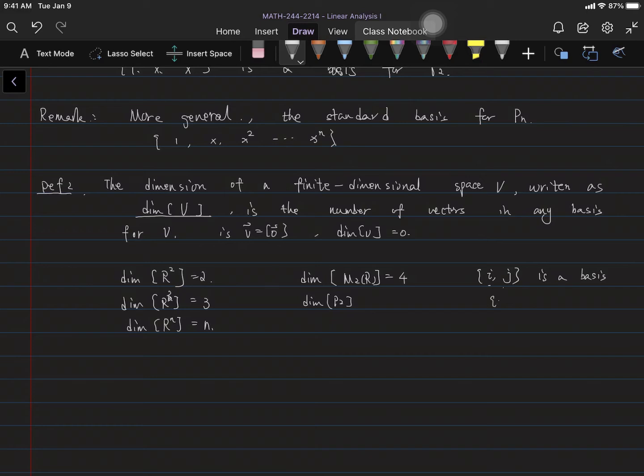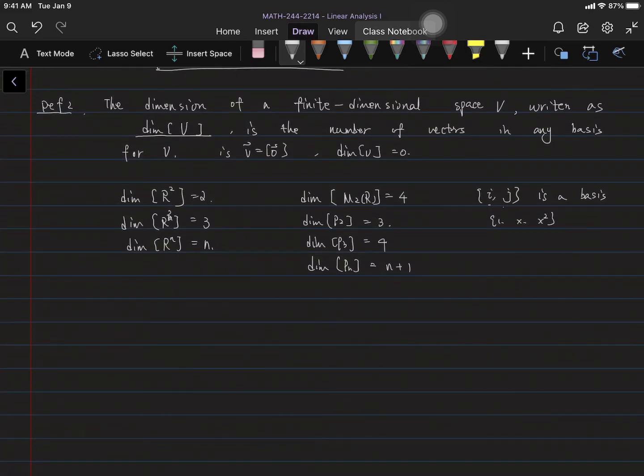The basis is 1, x, x squared. So how many vectors here? Dimension 3. Same thing, P3 has dimension 4. And the dimension of Pn should be n plus 1.